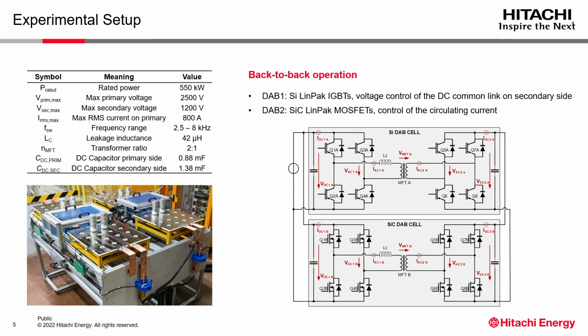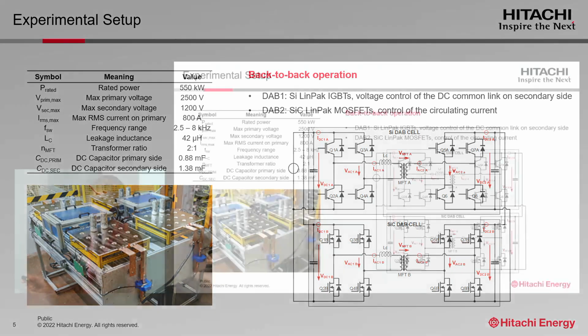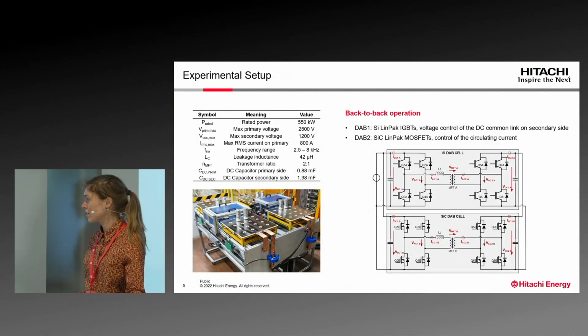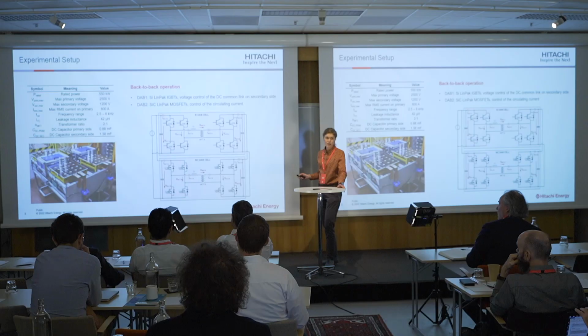What you can also see on this picture is that we have 2 DAB cells so that we can operate the whole setup in a back-to-back configuration. One cell is the silicon IGBT, and the other cell is silicon carbide SiC. So we wanted to test both to compare the performance.